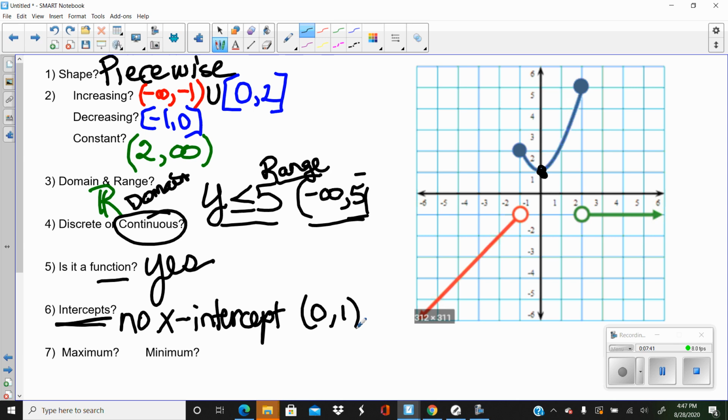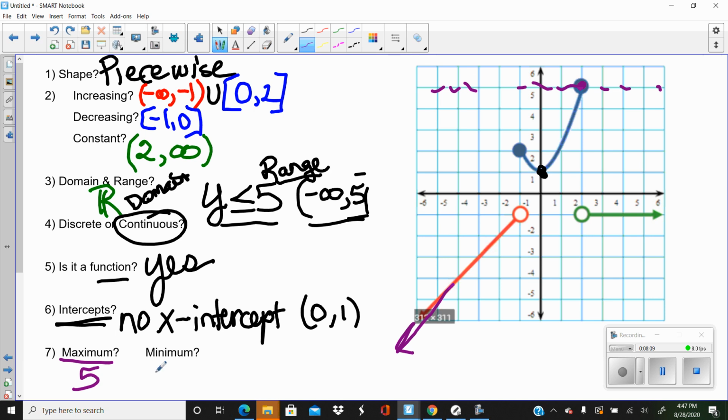Now let's talk maximum and minimum. The maximum, of course, is the highest point on the graph, which I see right here. That's the highest it goes, and the maximum is 5. For the minimum, this red part goes on forever and ever, so it's never going to reach anywhere. You cannot say infinity, because infinity isn't a location.